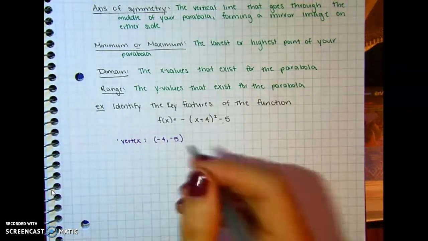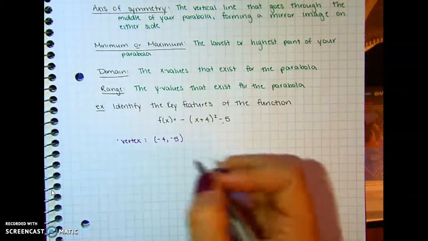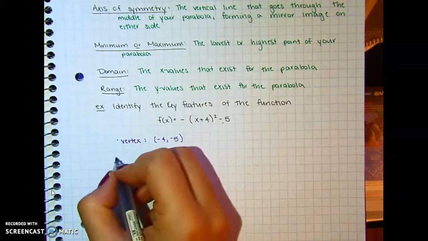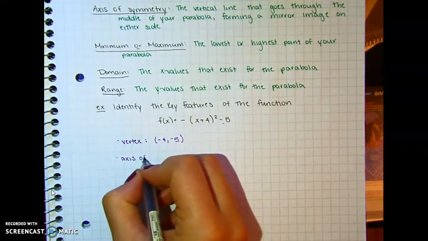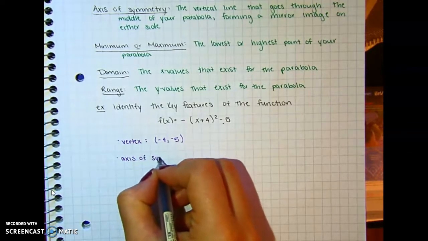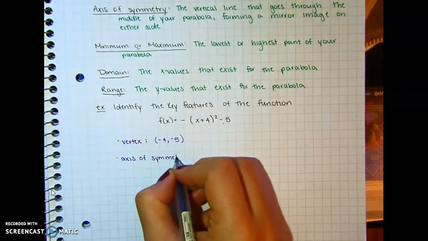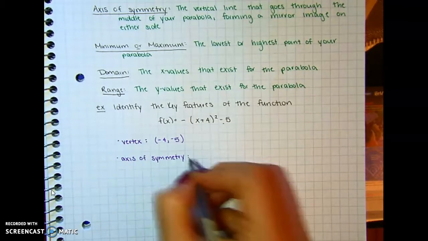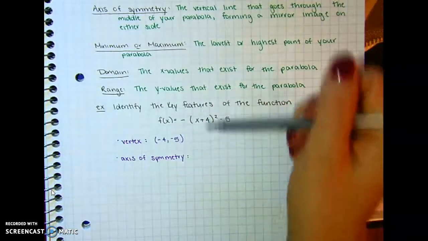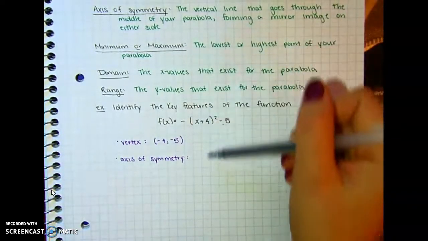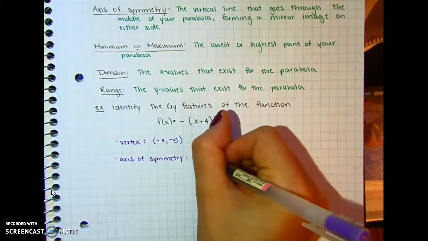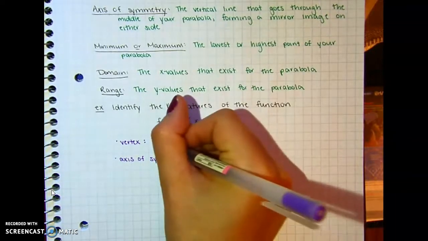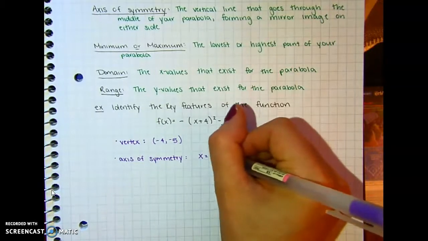Okay, the axis of symmetry, so that's the vertical line, right, that goes right through the parabola, so that's going to go through the vertex, so that's just going to be x equals whatever the x value of the vertex is.